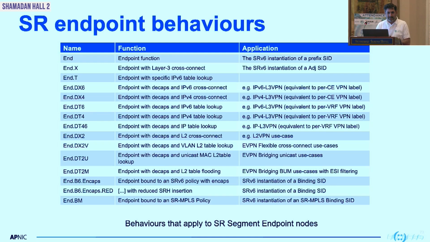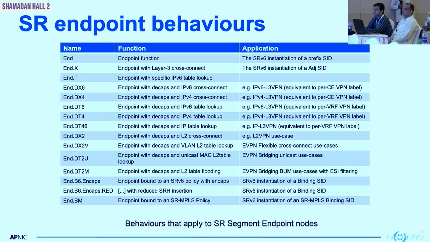Just to give you an example, if the packet is received with the End.T function, that means the endpoint with a specific IPv6 table lookup. So it needs to look up in a specific IPv6 table instead of the default IPv6 table, and then find the destination and forward the packet.